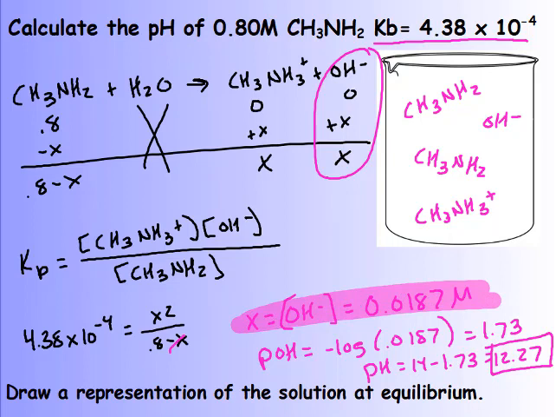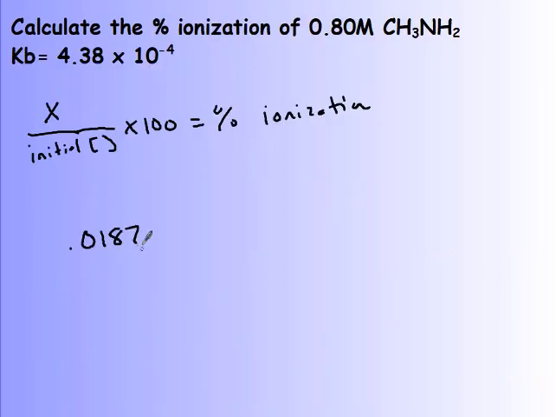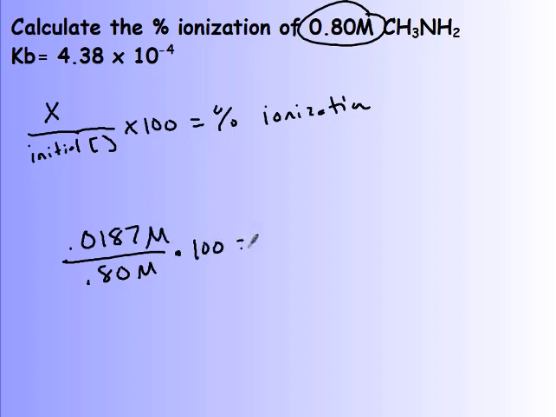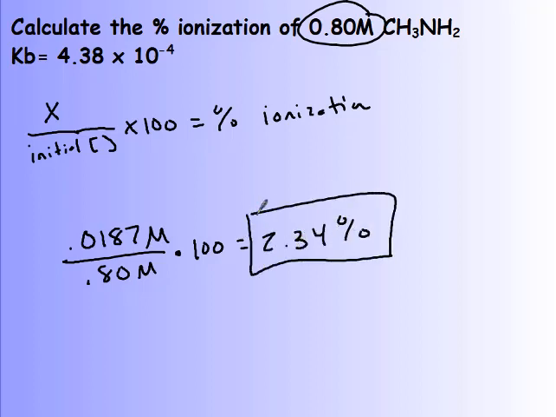If it was an acid, it would be our concentration of H. And then our initial concentration is right there. Multiplying by 100, we get 2.34%. Notice that's less than 5%. Had my percent ionization been over 5, then I wouldn't have been able to ignore that minus X.